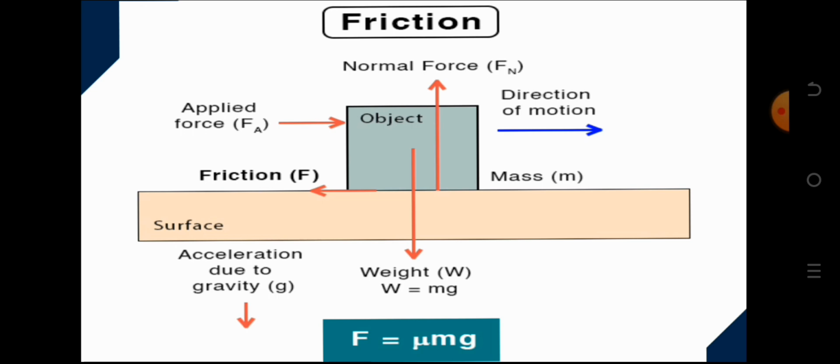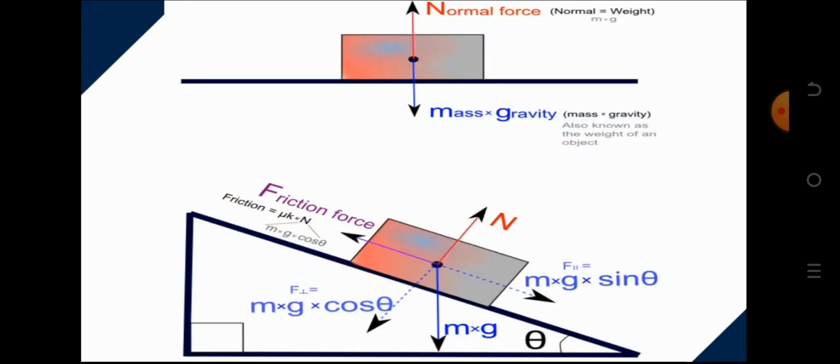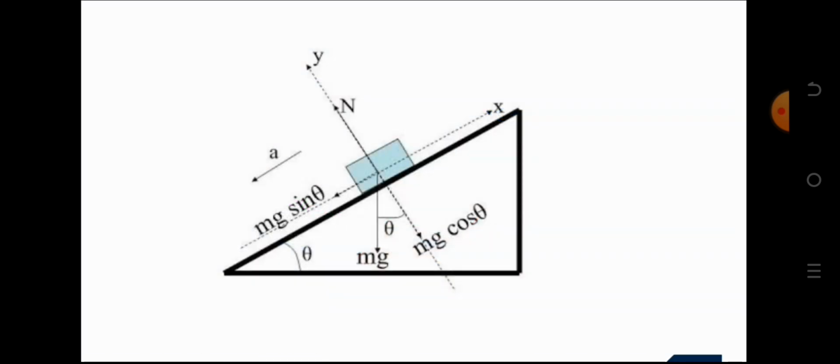Let's look at another body now. This is an inclined surface. If you look at the inclined surface, you discover that there are many components of force around it. We have the components mg sine theta, mg cos theta, mg, and then we have the frictional force. Let's look at this next chart. These are the components of force. But how do we arrive at them?